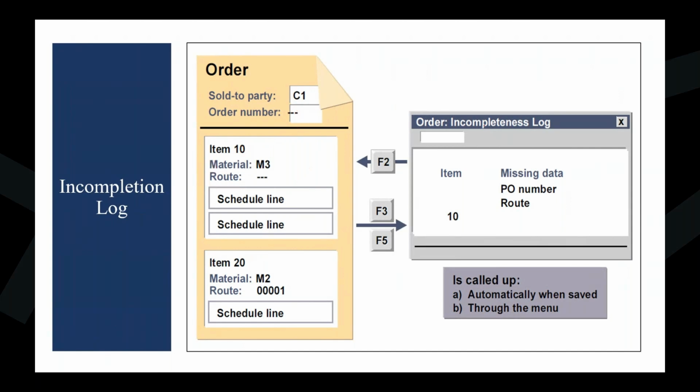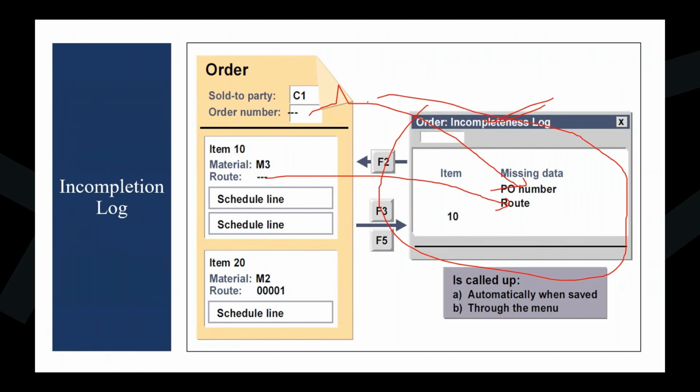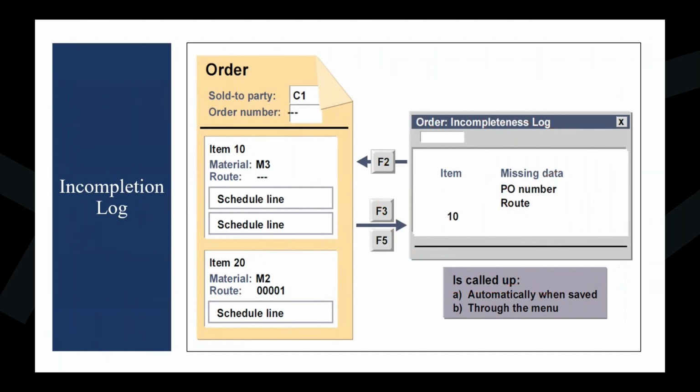When the incompleteness log is checked, the system will inform the user that the PO number is not entered and the route is not entered. The system gives whatever field data he forgot to enter. You can call this incompletion log in two ways: automatically when you save the order, or through the menu. I will show you both.